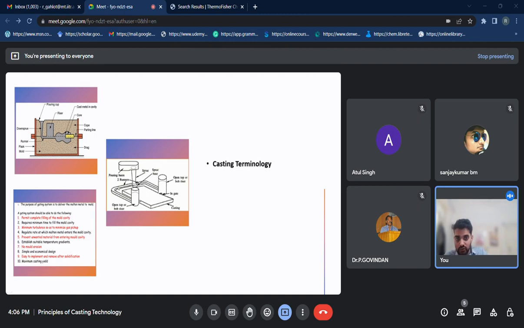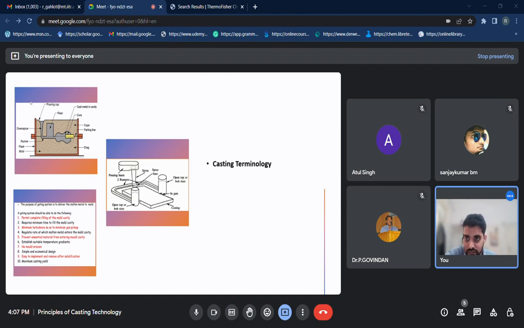After that, it goes through the runner, and there is also a provision of the choke, which helps trap impurities such as dross or eroded sand, and thus prevents them from going into the mold cavity.